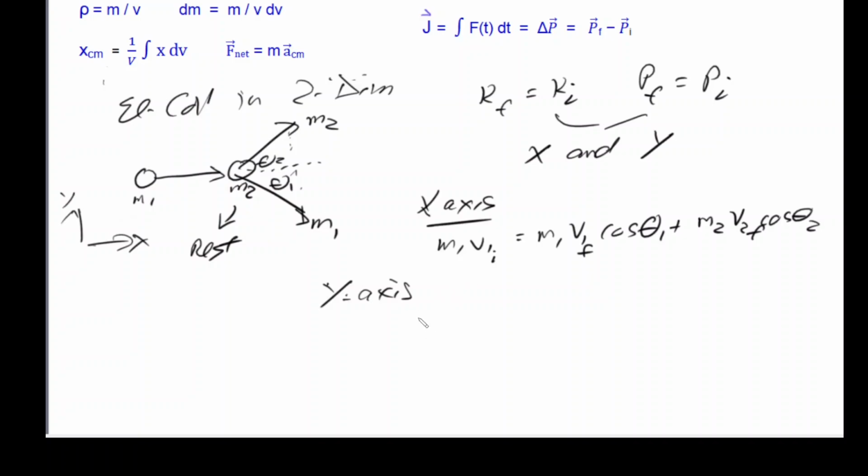The momentum is 0 in the y-axis initially, and the final momentum is minus m1 v1 final times sine theta 1 plus m2 v2 final times sine theta 2.